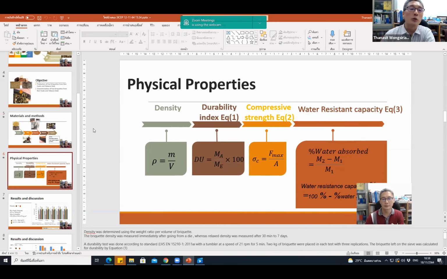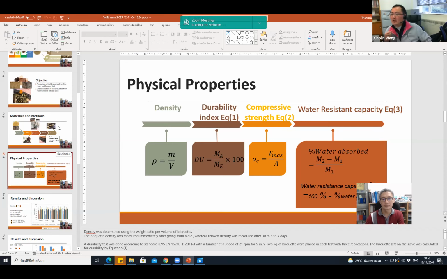We will write it in the extended paper. The energy that we use for making the briquette is around 30% of the briquette energy, which we put into the compaction.